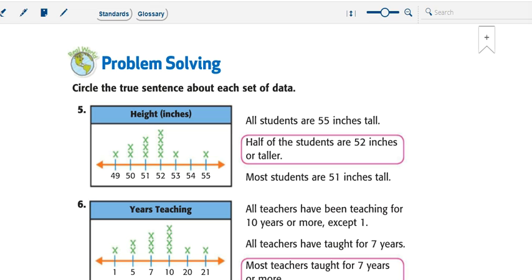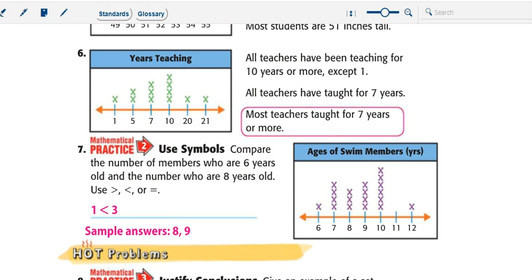Number 6, years teaching, okay? All teachers have been teaching for 10 years or more except for one. All teachers have taught for 7 years, or most teachers taught for 7 years or more. Can you see that after number 7 we have a lot of x's?